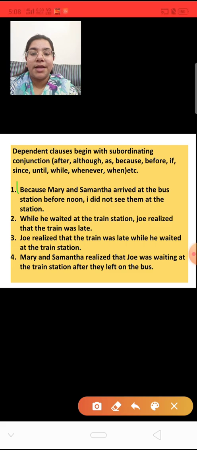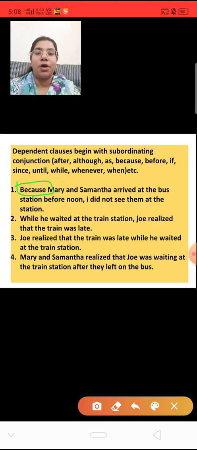But the problem is that it is starting with because, so it is easy for you to recognize that it is a complex sentence, because it is starting with the dependent clause. The next sentence is, while he waited at the train station, Joe realized that the train was late.